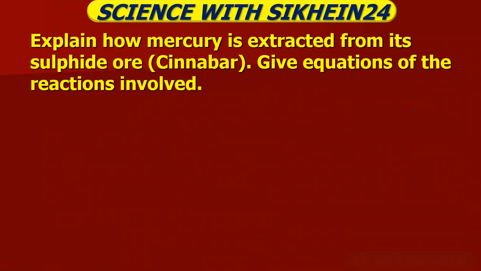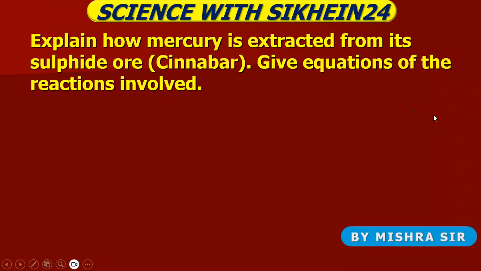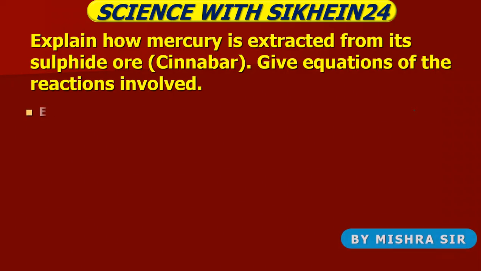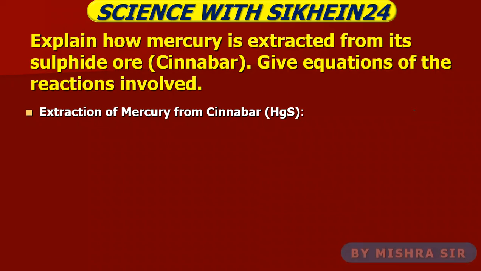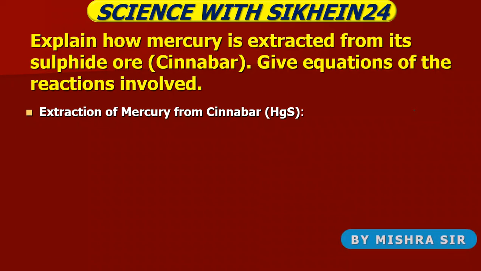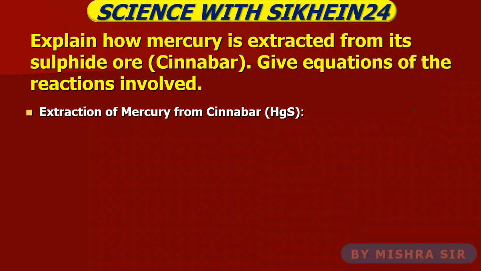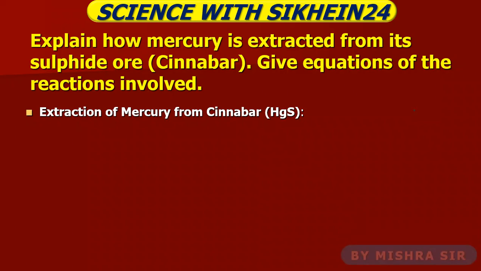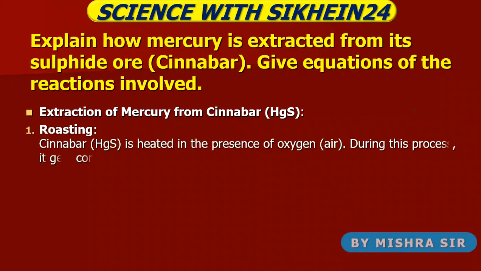Next question on your screen: explain how mercury is extracted from its sulfide ore, cinnabar. Give the equations of the reactions involved. Let's see. Extraction of mercury from cinnabar, HgS.